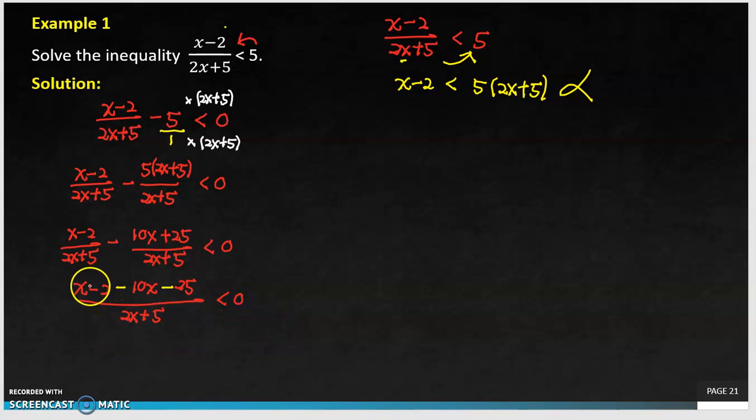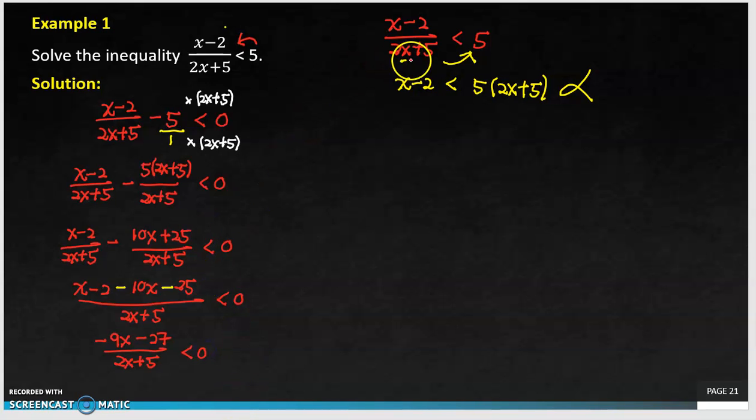We try to simplify this expression. So x minus 10x is negative 9x. Negative 2 minus 25 is negative 27, over 2x plus 5 less than 0.